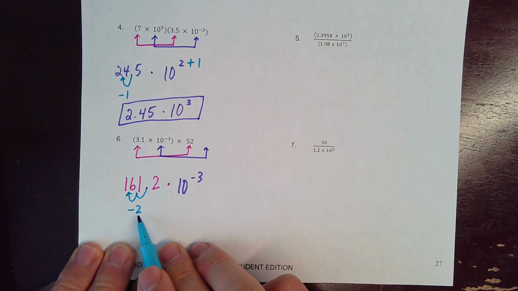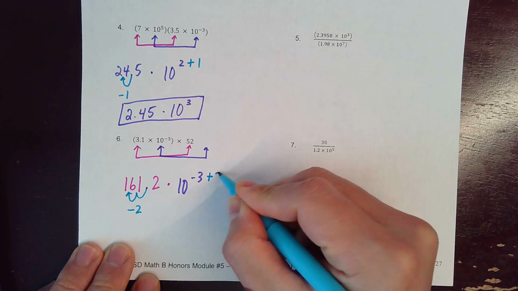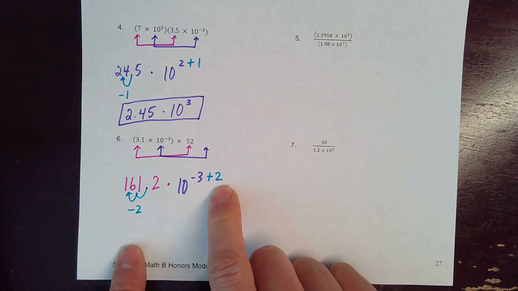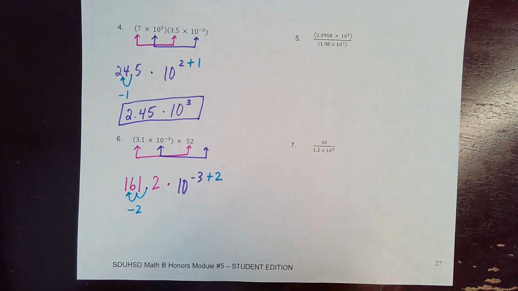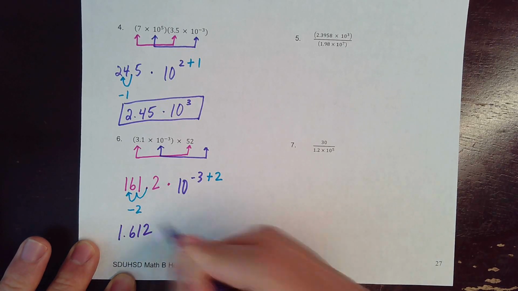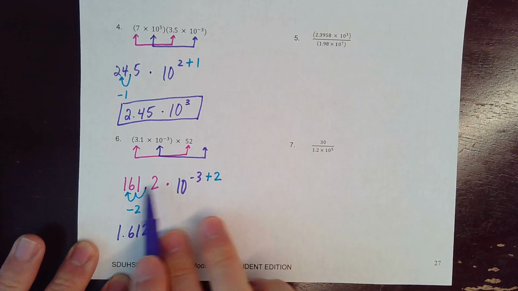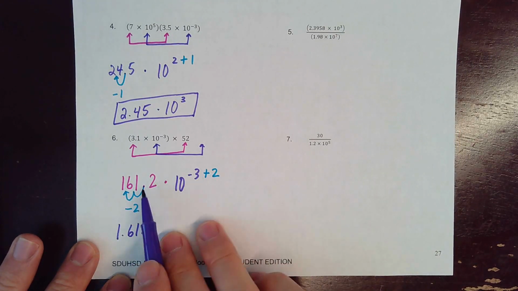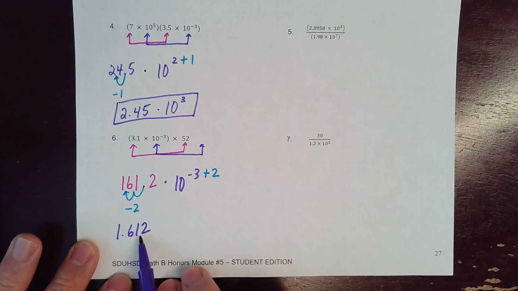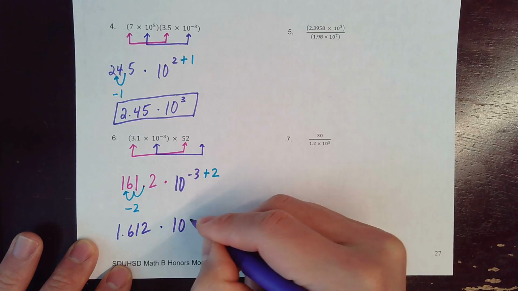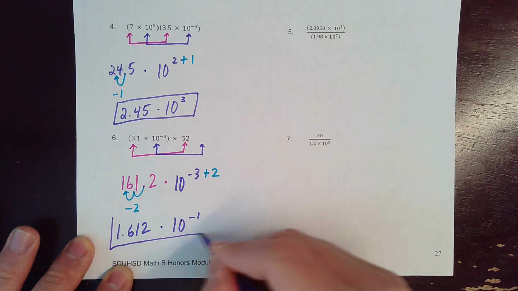And if you take away 2 placeholders, you have to give 2 placeholders back, right? -2 and +2 will cancel. Your final answer is going to be 1.612. You can't ignore any of these digits. These are very, very important. You can't round it. You shouldn't round it unless it says to do that. But 1.612 times 10 to the -1. This is your answer.